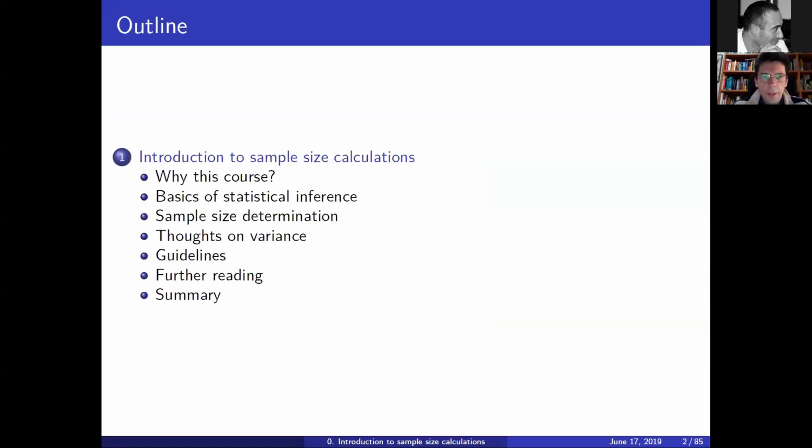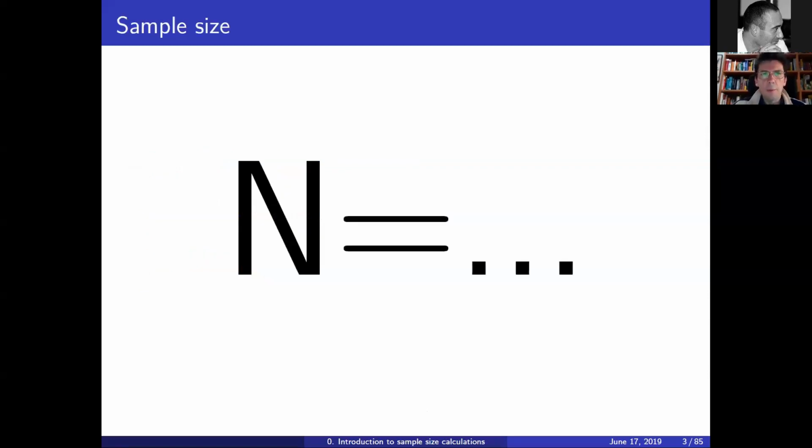If we had to put another name to these 3 hours, it would be n equal whatever, and n is the number of experimental units that you need for your experiment. In the experiment design lecture, you had a long discussion of what an experimental unit is.